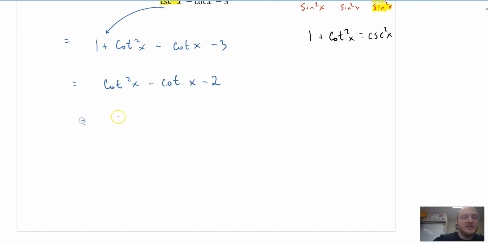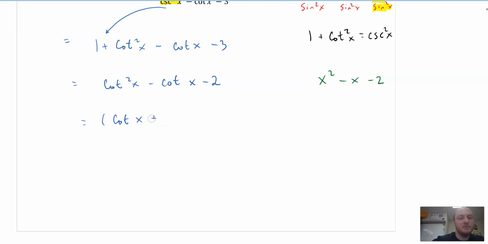This is the same thing as x squared minus x minus 2, so we can factor it as such. That would be x plus 1, x minus... see, I switched it in my head. Not x, it's cotangent.